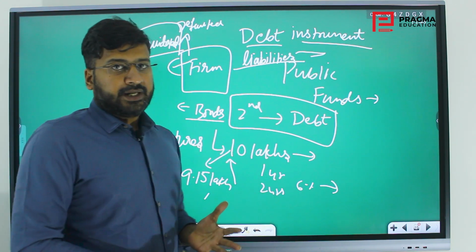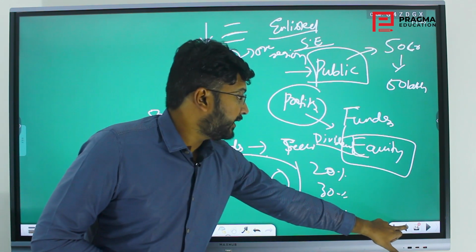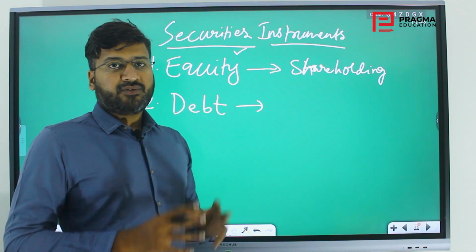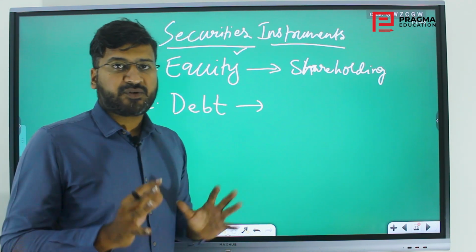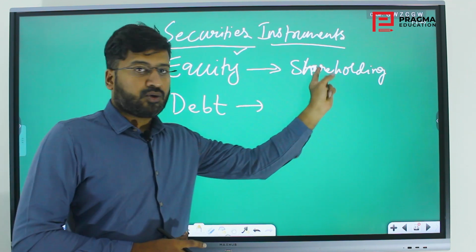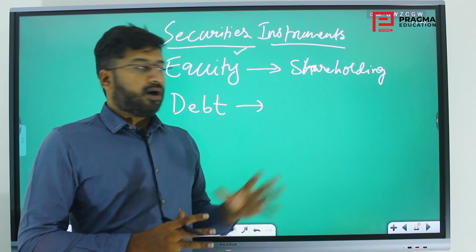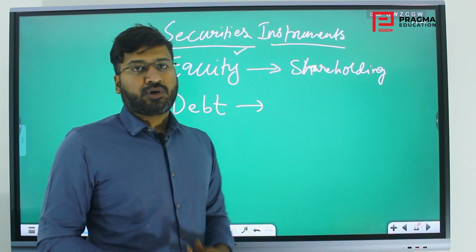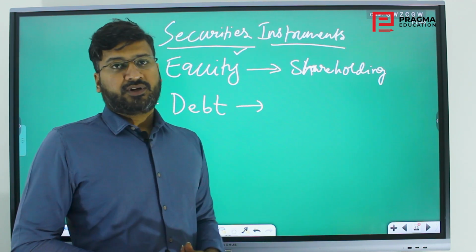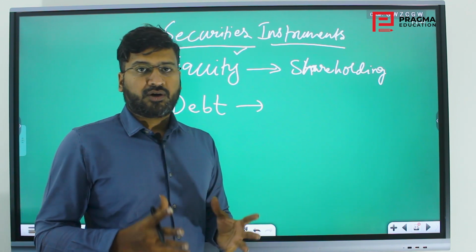The bank will be paid. Then the debt holders are the second most important people who will get the money when the company is liquidated. And the last preference is whom? Equity holders. The shareholders are the ones who get paid after liquidation. If there is any amount left, it is distributed among shareholders, and if there is none left, they will get nothing. Just by holding an equity instrument, you will not get anything.